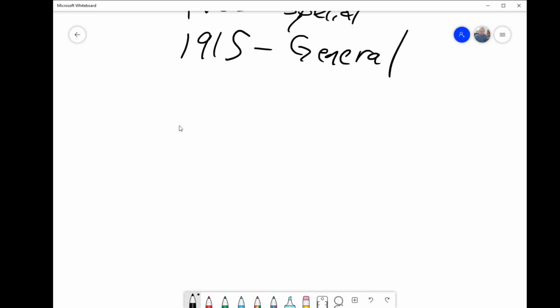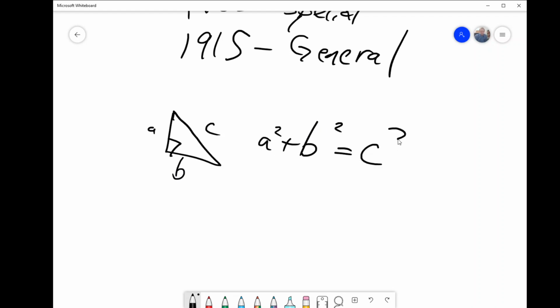For example, we've seen the Pythagorean theorem, and we've worked on that since elementary school. If we have a triangle A, B, and C, well, we know A squared plus B squared equals C squared.